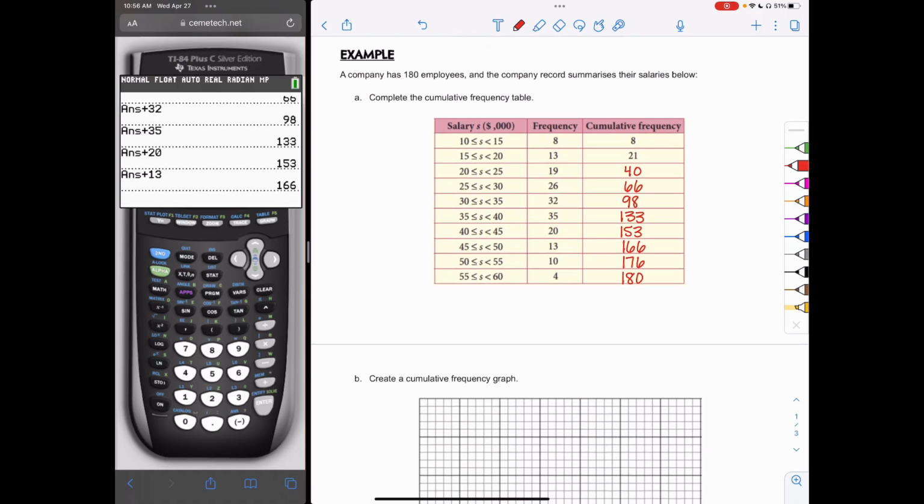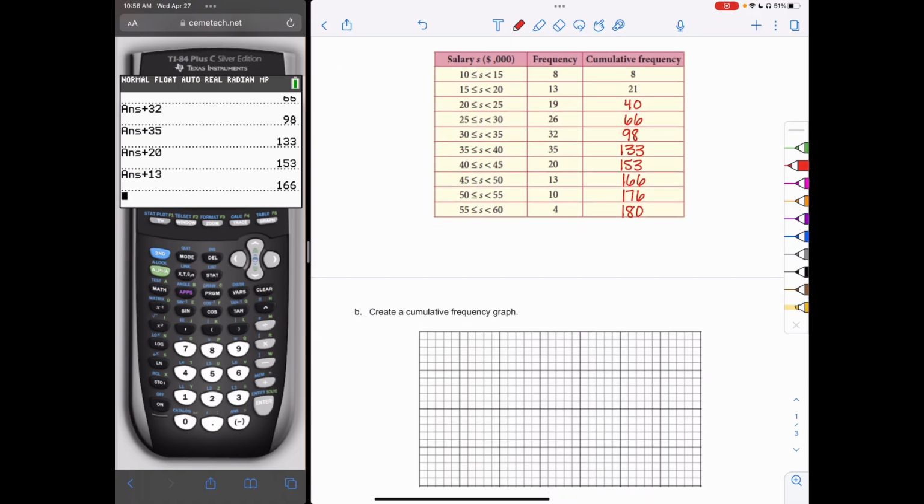Now I'm going to show you how to graph these points on the cumulative frequency graph. Anytime we plot points on a cumulative frequency graph, we always go from the upper bound of the boundary. So I'm going to use these upper bound numbers here as my x values, and the cumulative frequency will be my y values.